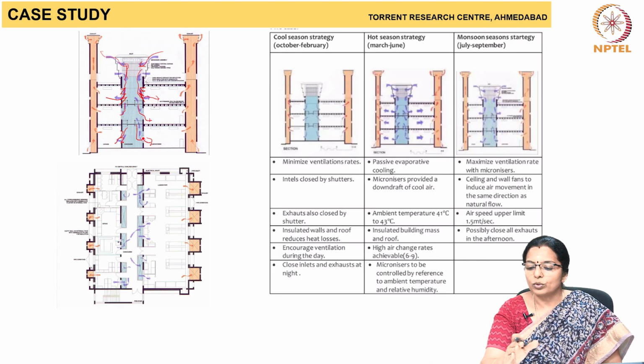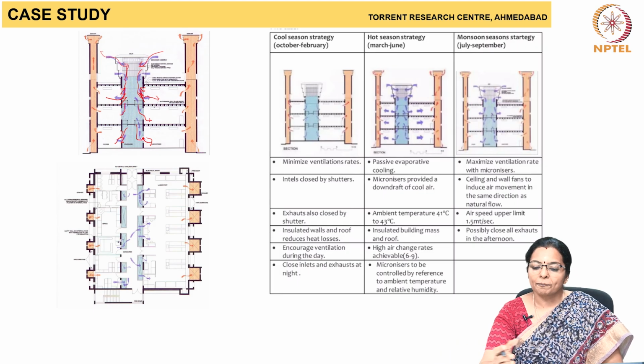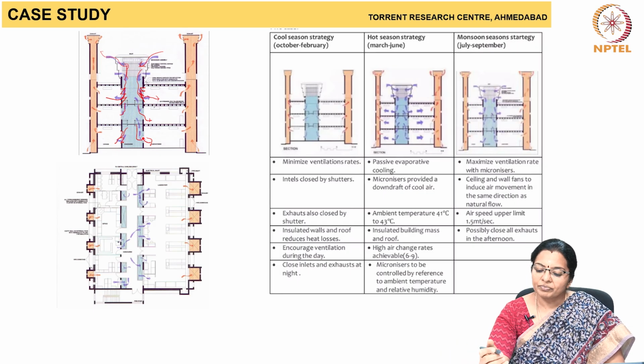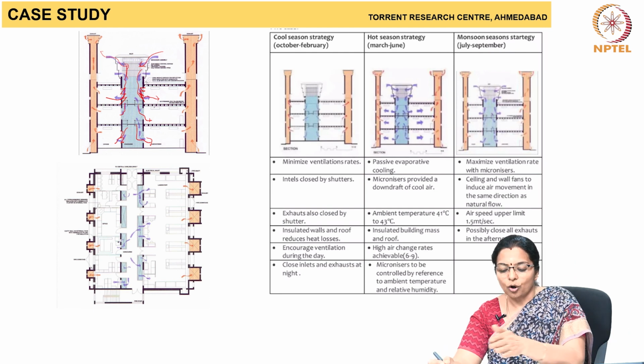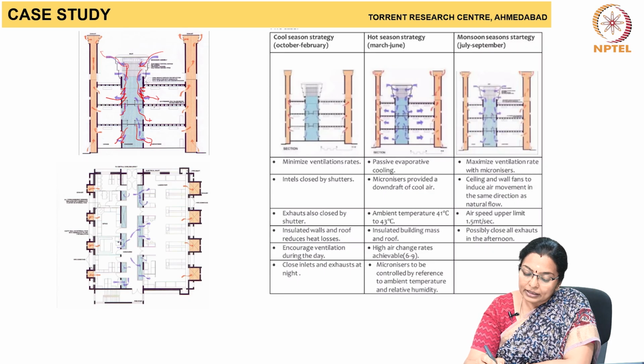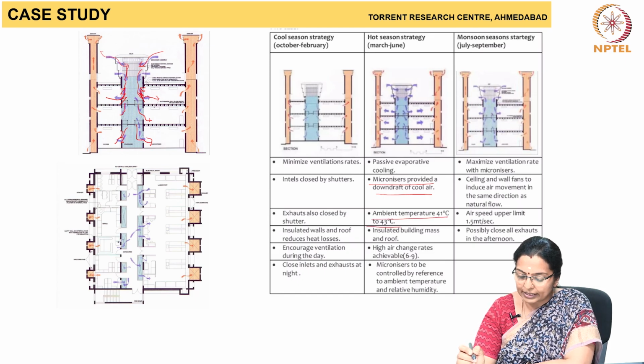So how does this PDEC function during 3 seasons? During cold season, this minimizes ventilation rates because there is no movement of air. The inlets are closed by shutters and therefore there is no air movement. Whereas in the hot season, the micronizers get activated because the ambient temperature is 41 degrees to 43 degrees centigrade.